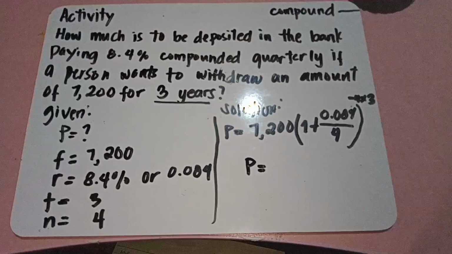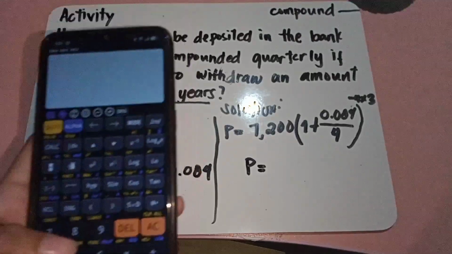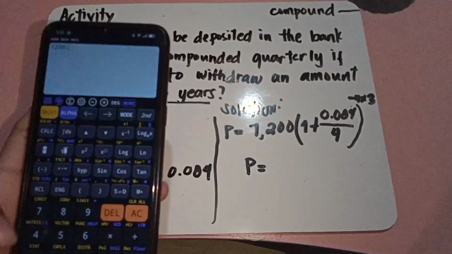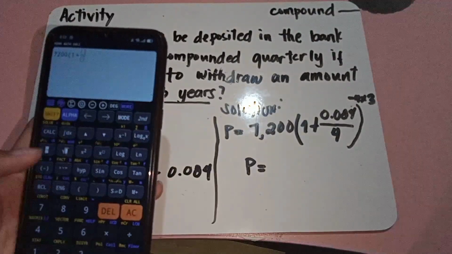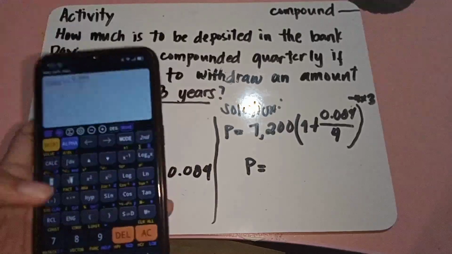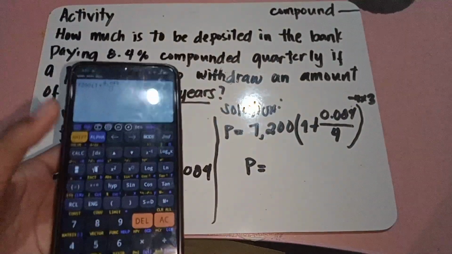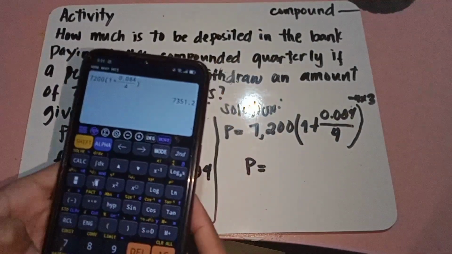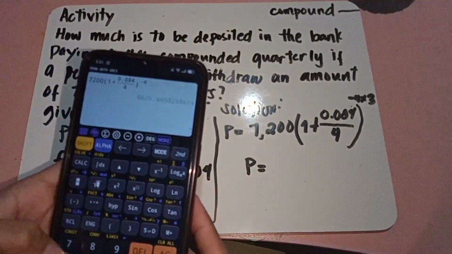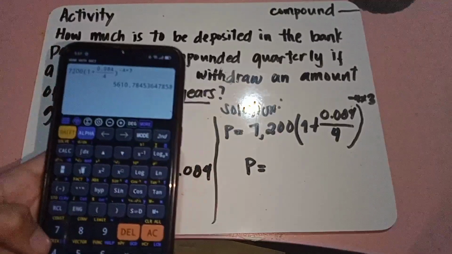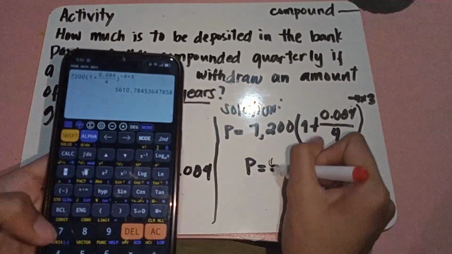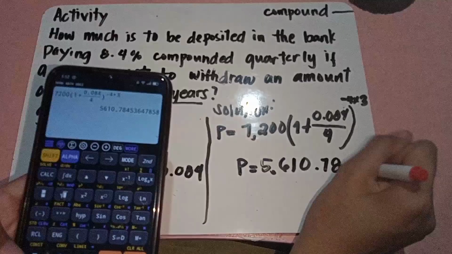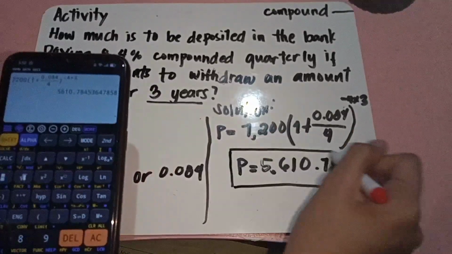So let's try to solve in scientific calculator. 7,200, 1 plus 0.084 divided by 4, negative 4 times 3 is equals to 5,610.78. So therefore, here is our answer.